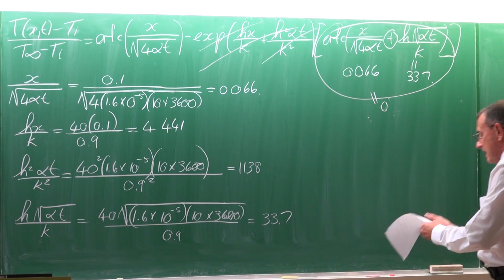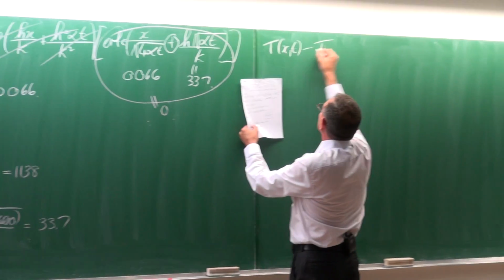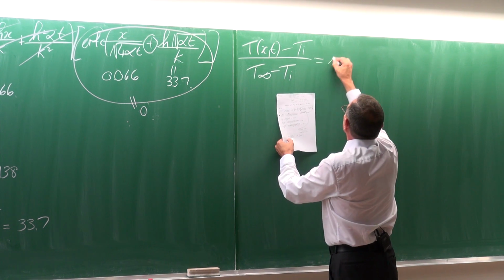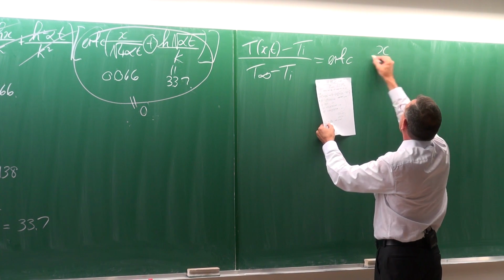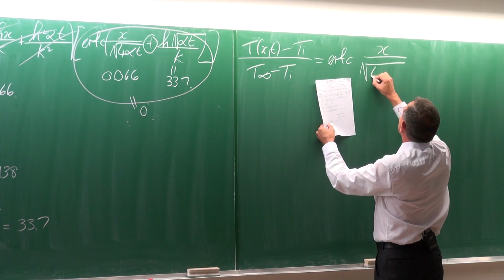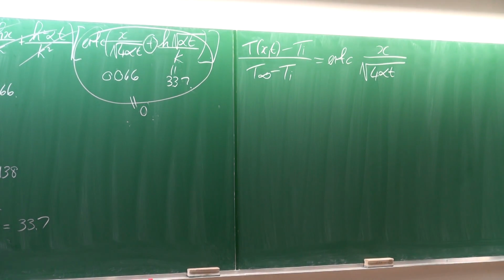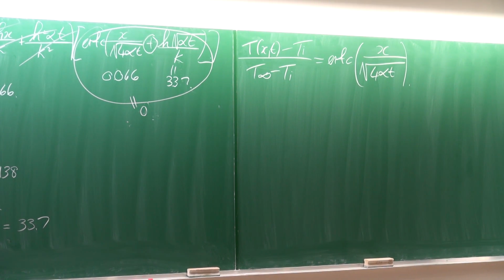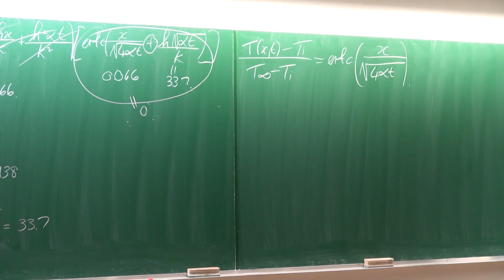And you end up with a very simple equation which gives the temperature T(x,t) minus Ti over T infinite minus Ti is equal to the complementary error function of x divided by the square root of 4 times alpha t. It's really much easier than just putting in everything in the equation and going through all the calculations.